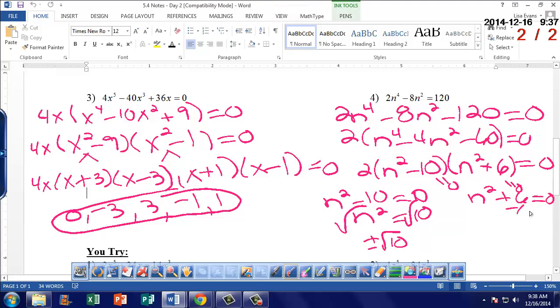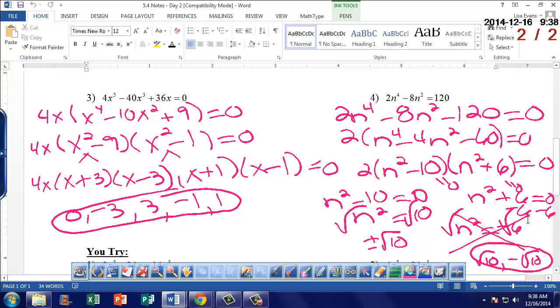I'm going to subtract 6 from both sides. So I get n squared equals negative 6, and then I square root both sides. So I'm going to get the square root of a negative number, which is not going to be real. So my only real solutions in this problem are the square root of 10 and the negative square root of 10.